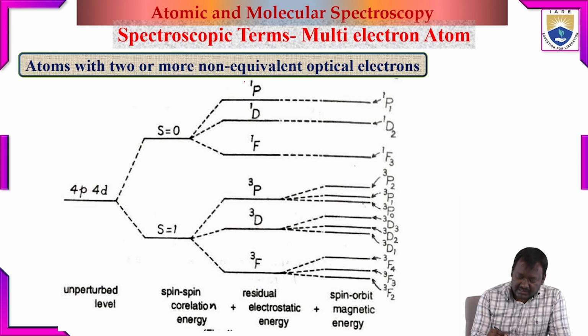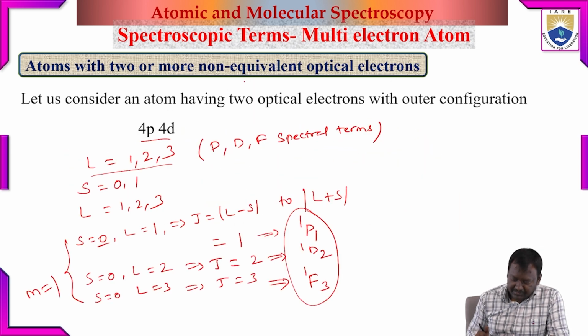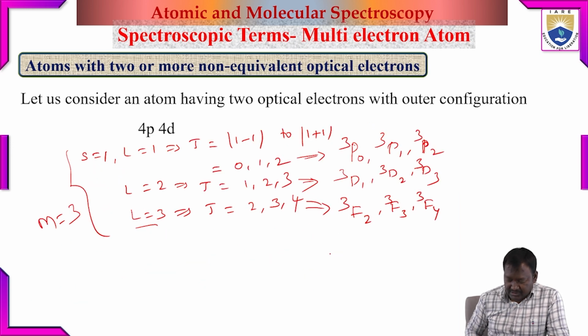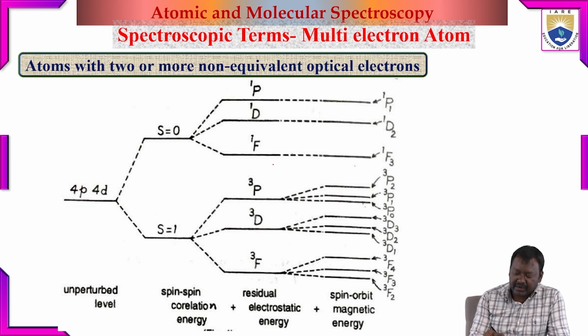And again, if the L value is more, the energy is less. In this case, these three are singlet terms, so they have higher energy than the triplet terms. We can indicate them like this: 1P, 1D, 1F, including the J values. Here also, based on L value, if L is higher, energy is less.